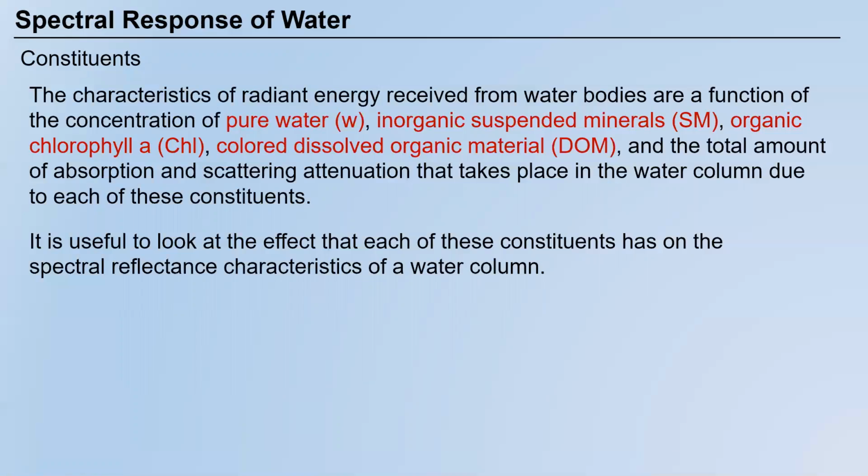So if you're looking at a specific water body and you're interested in its electromagnetic characteristics, reflectance, absorption, and scattering, you have to be careful with all of these constituents of the water body instead of pure water. Okay.